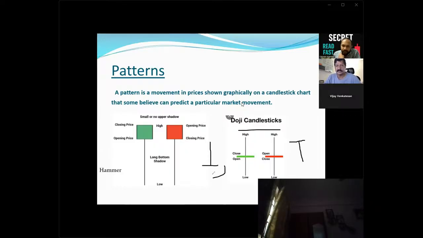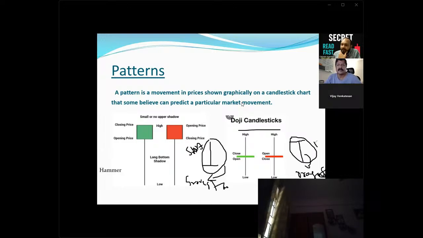This is called dragonfly doji. And this one is gravestone, right? Correct. In this kind of candle, normally we take short trades, and in this kind of candle, normally we take buy trades.